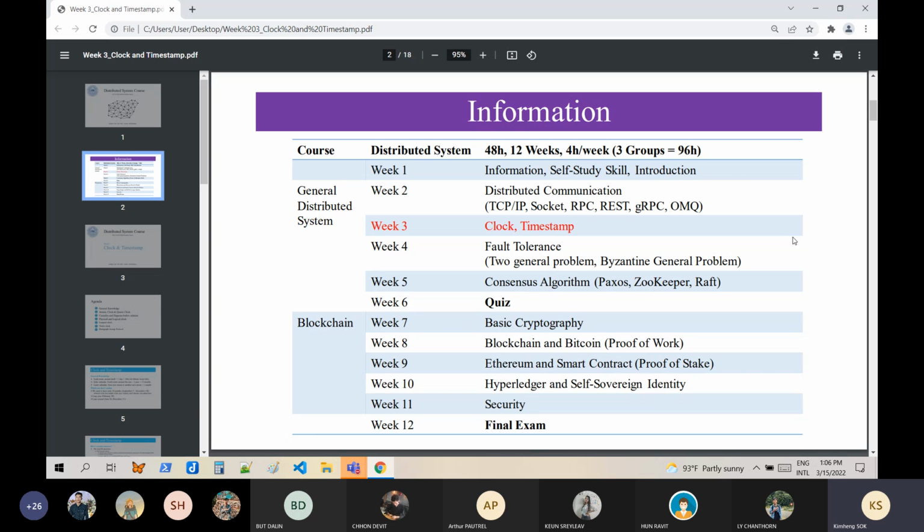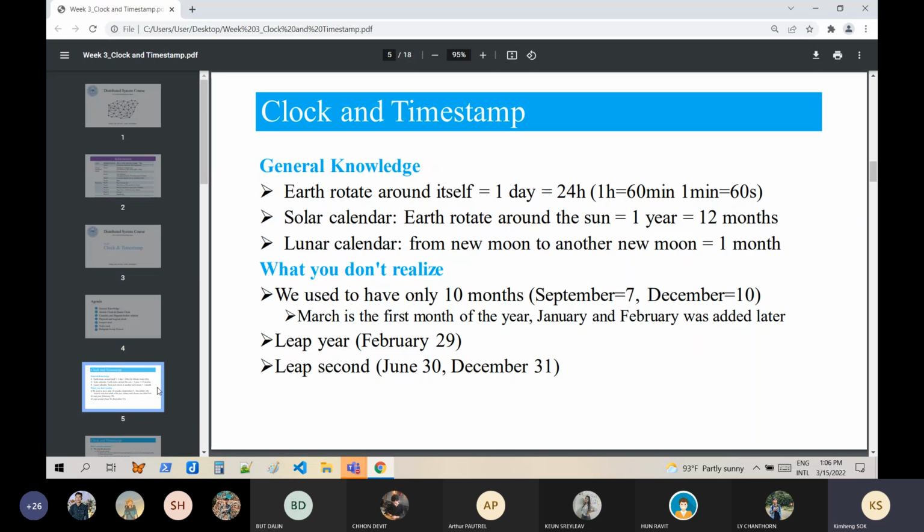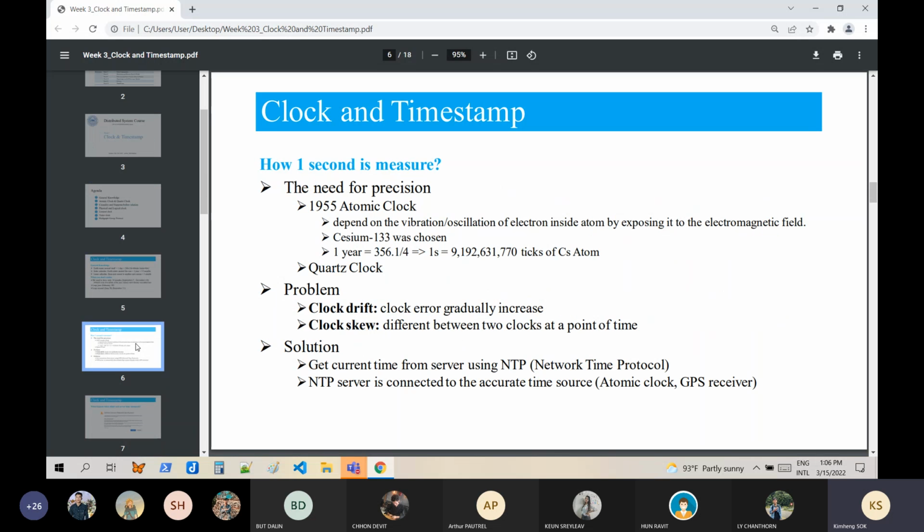And there is also a problem with time, as we learned last week: time is not accurate. No matter how good the technology is, people try to find good technology to measure time, but even those are not 100% accurate. That's why there is always some error. We call those errors clock drift or clock skew.